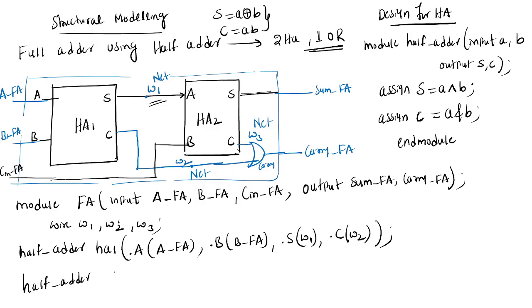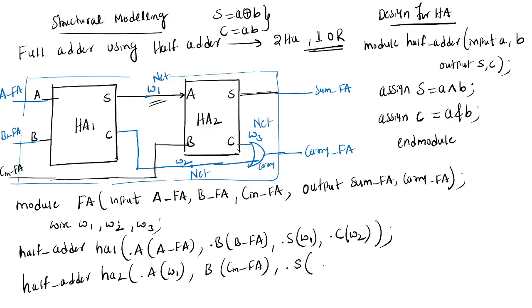Then half underscore adder HA2: dot A is W1, the input. For B, Cin underscore FA.